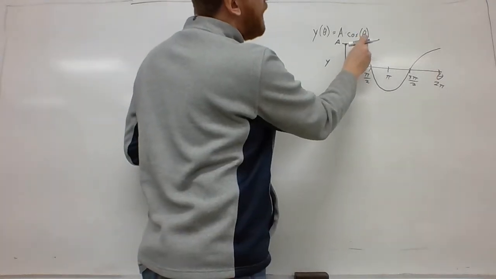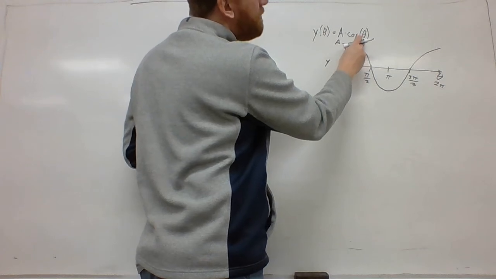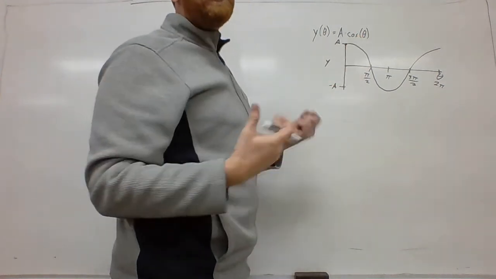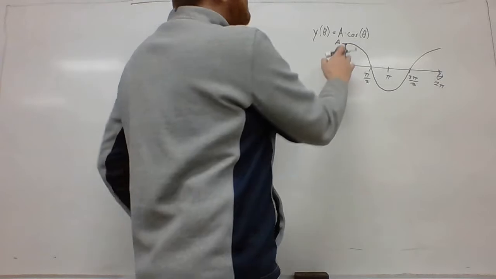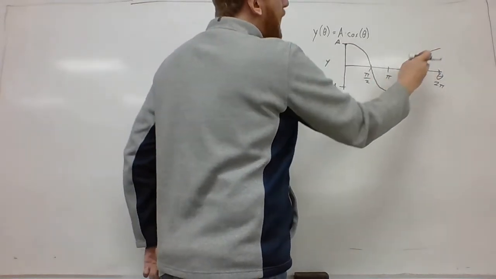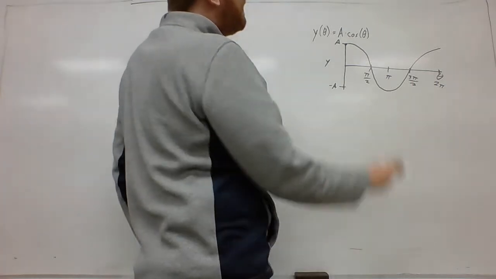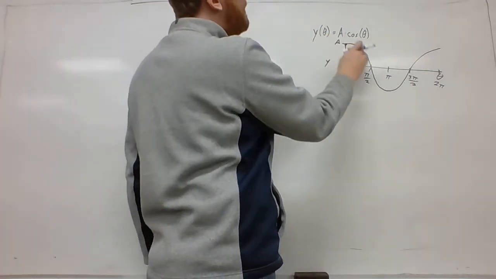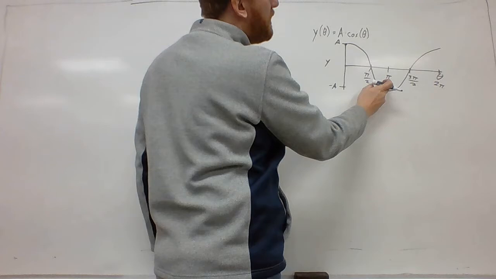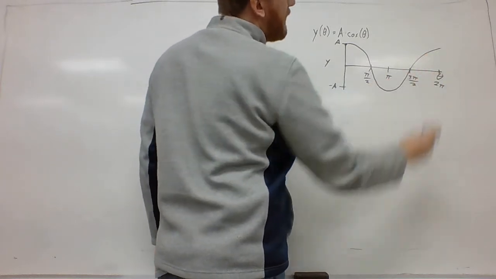I'll often call whatever is inside the argument of the cosine function a phase or a total phase. When we go through a total phase of 2 pi, we go through an entire cycle of this cosine graph. The cosine graph starts at +1, goes down to -1 when we get to theta equals pi, goes back up to +1.